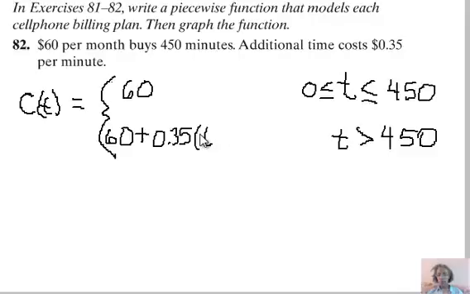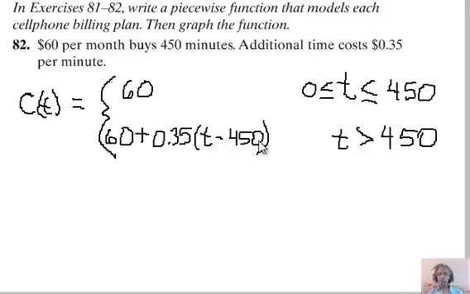Remember my t's here are going to be greater than 450, so that would be t minus 450. A lot of times when you're doing something like this, if you're not sure you have it right, test it. If I use 451 minutes, that would be the $60 plus 35 cents times 1.